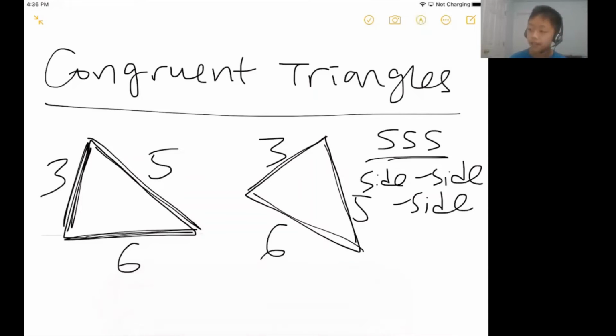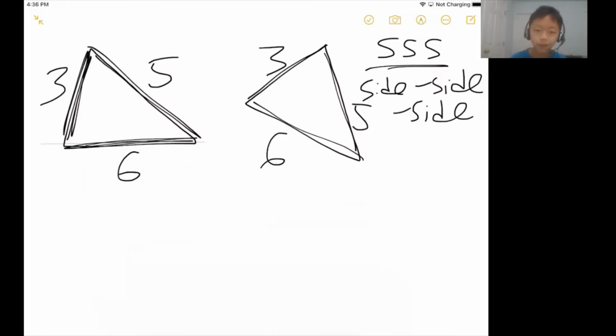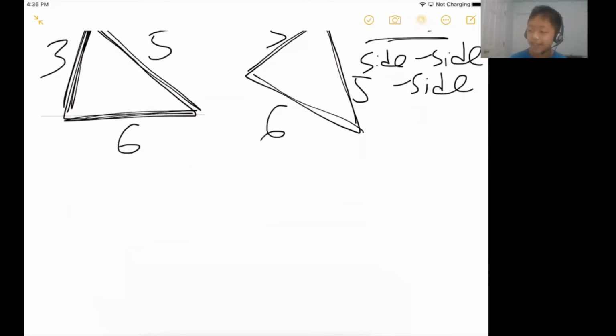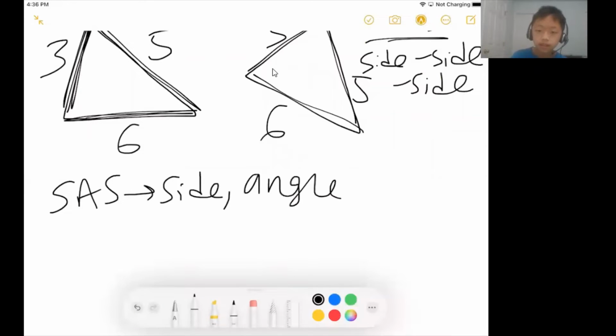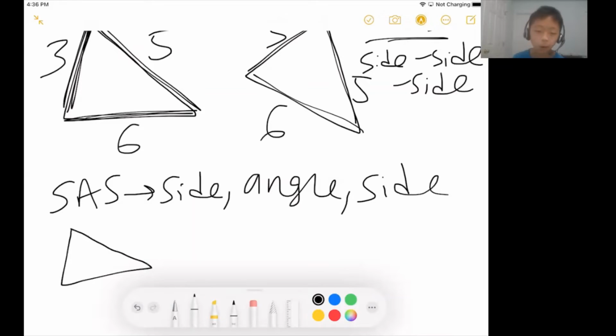The second most common way to tell if two triangles are congruent is called SAS congruence. SAS congruence stands for side, angle, side. So side angle side congruence just means that if you have two triangles, let's say you don't know all 3 of the side lengths, but you know one of the angles.